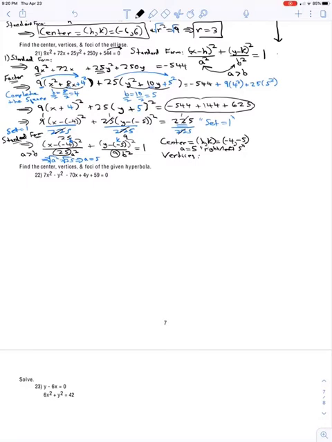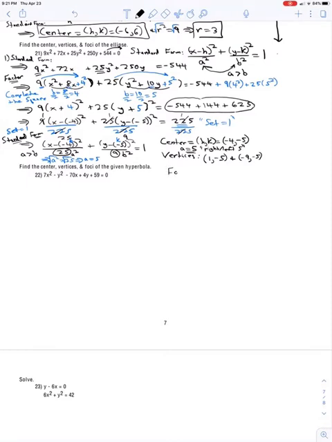So what's right 5 units from -4, -5? Well, you'd add 5 to the x coordinate and you get 1. So one of our vertices is at 1, -5. And then what's the other vertex? What's left 5 of -4, -5? Subtract 5 from the x coordinate. We get -9, -5. There are your vertices. Adding and subtracting, right, left 5 from the center point.